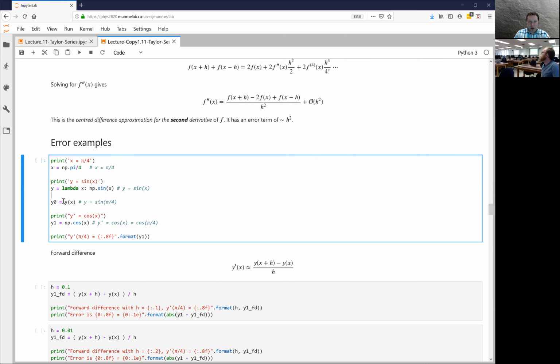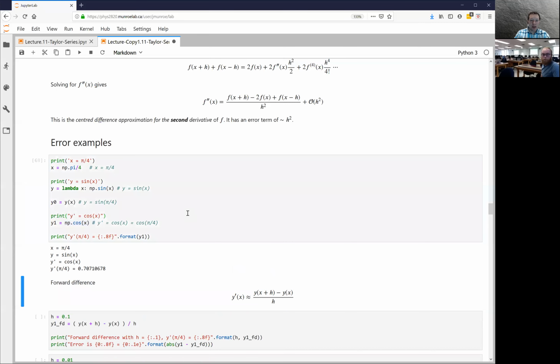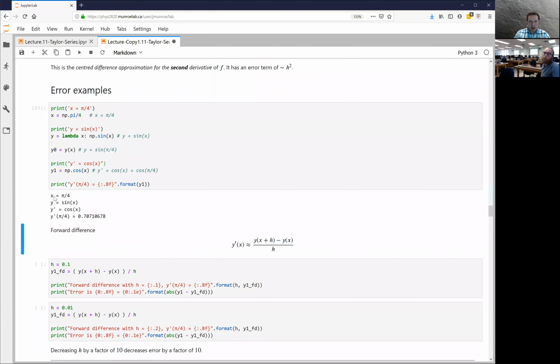And I'm going to evaluate this function for its 0th derivative. That is the constant function. Evaluate this at x and evaluate its first derivative. I'm coming up with the first derivative just by doing it by hand. And the point is, dealing with x equals pi over 4, its first derivative is 0.70710678. That's an exact answer. If we calculate the forward difference approximation, we're calculating this thing on the right.